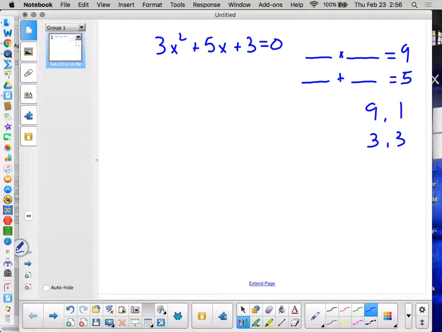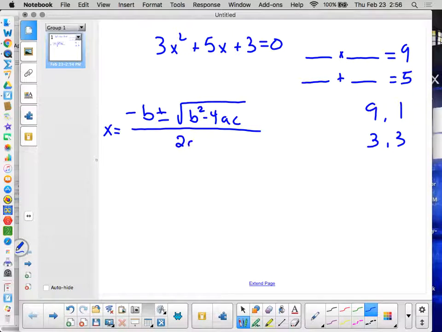Well, there are a couple. One's called completing the square. You'll learn that in Algebra 2. But the other choice is called the quadratic formula, which is something you learned in Algebra 1. The quadratic formula looks like this: x equals negative b plus or minus the square root of b squared minus 4ac, over 2a.